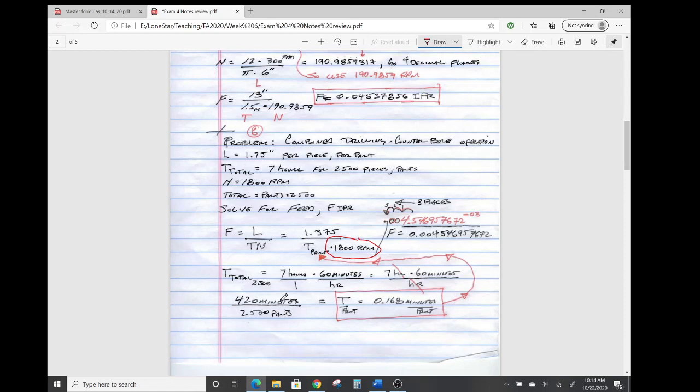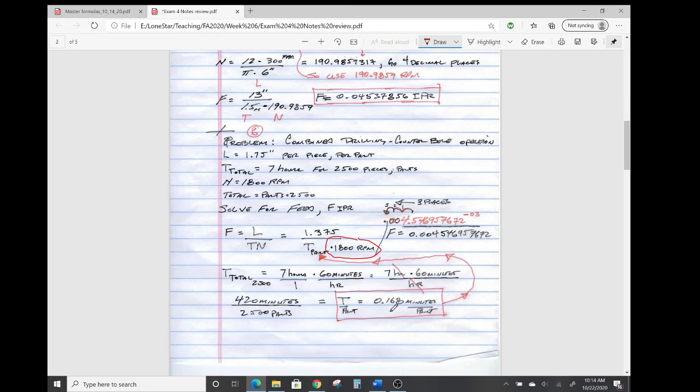So we've got the time in minutes per part. It's a fraction. You set your fraction up, and it tells you what you do. So time per part is 0.168 minutes.